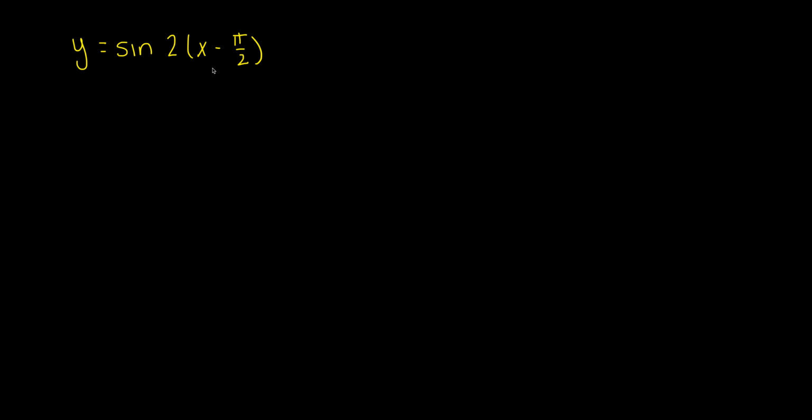The period in this case, because now we're looking at this guy right here, remember, it helps us with the period. So our period is going to equal 2 pi divided by this value, which is 2, which now equals pi.